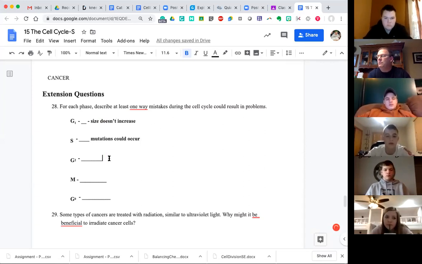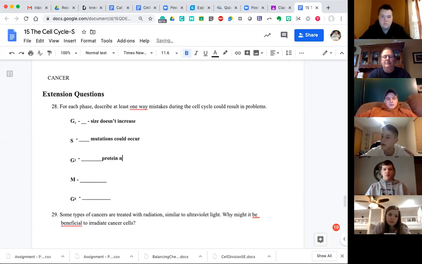G2. The proteins wouldn't separate and reproduce, so the new cells would be malnourished. Okay.